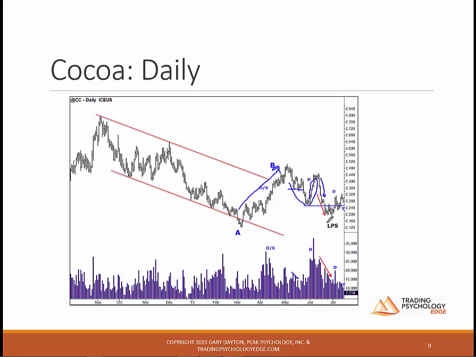Although look at what happens. As the market is being pushed down and we're seeing supply enter the market, we note that the volume is diminishing as we come down. Here we see volume increasing as we go up. Here it's diminishing as we go down. So this is saying that selling is losing its strength in here.